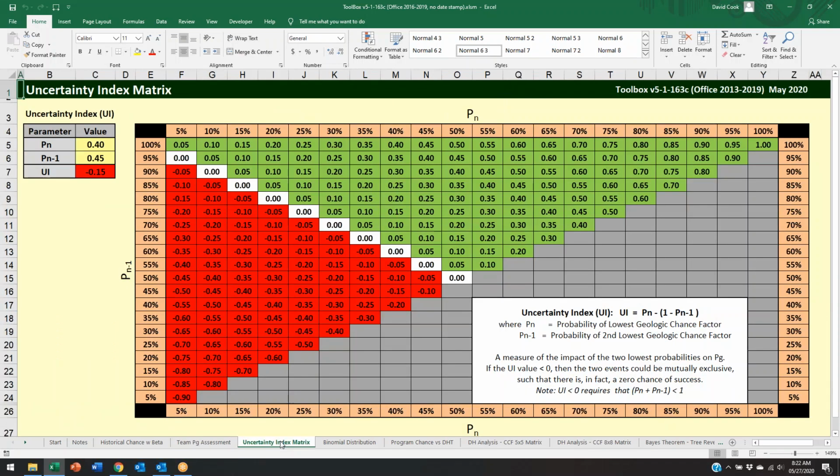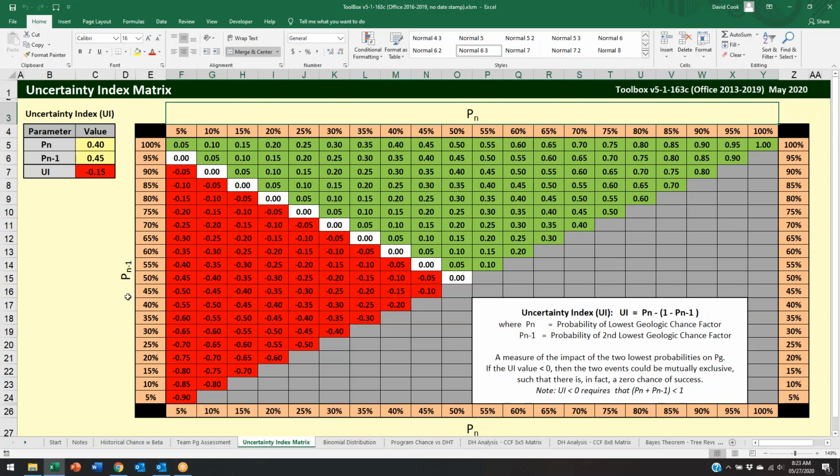Next is an uncertainty index matrix. You may remember that the uncertainty index allows you to have an understanding about the components that are contributing to chance of success, and it's looking specifically on the x-axis. We're looking at the lowest probability of the multiple components contributing to the piece of G. So here it's ranging from 5 to 100%.